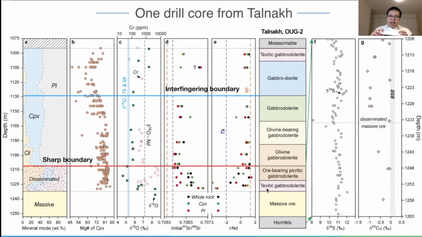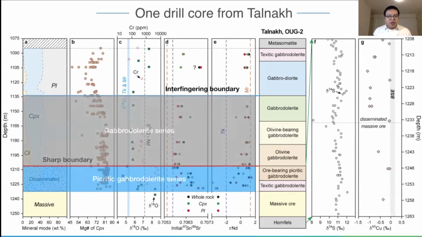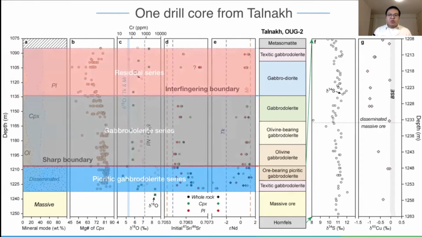It means there are many xenoliths of the country rock and many olivine crystals fused by the magma. So we suggest that there is some in-situ accumulation in this picritic gabbrodolerite series. And above this sub-boundary, there is a constant isotope, and we suggest it's the gabbrodolerite series. And at the top, it may be the residual series.